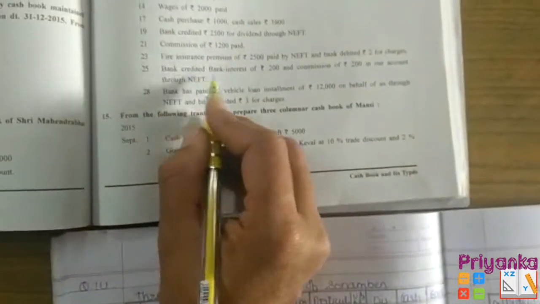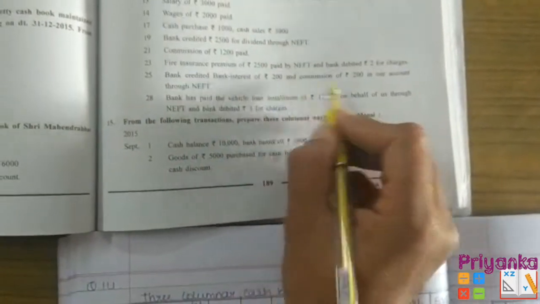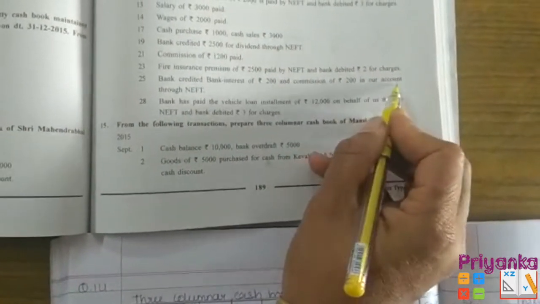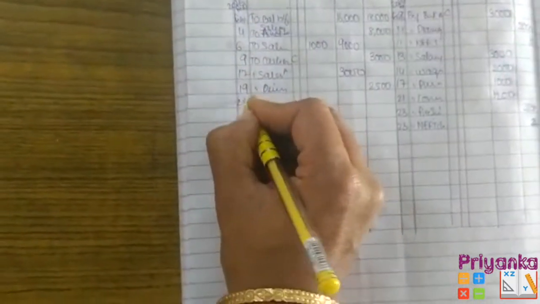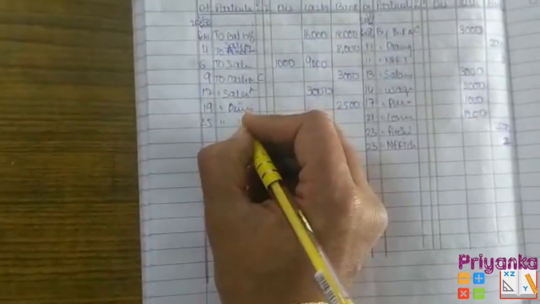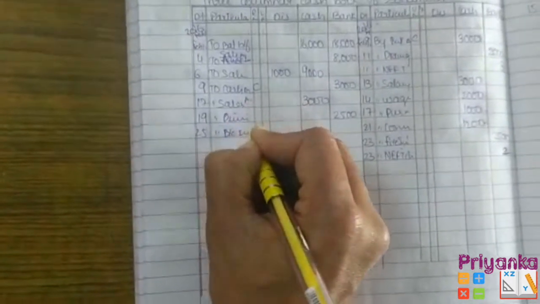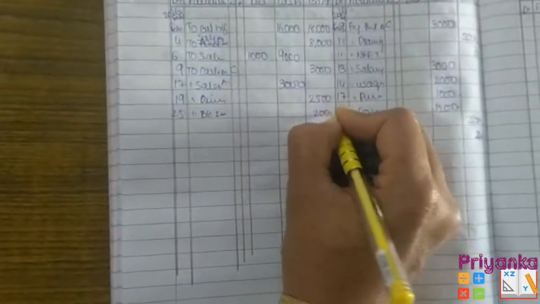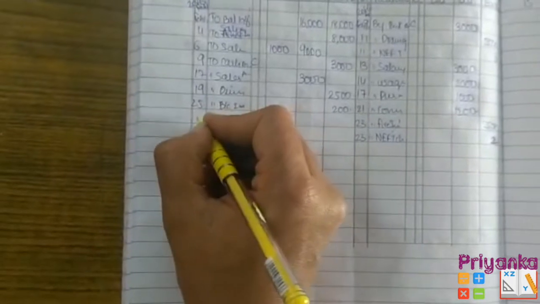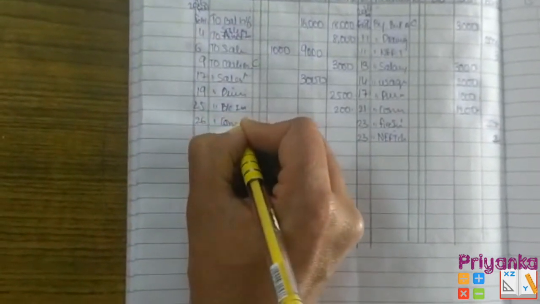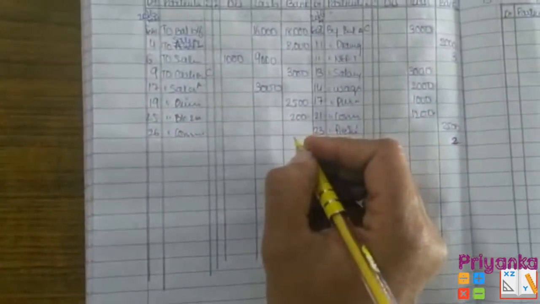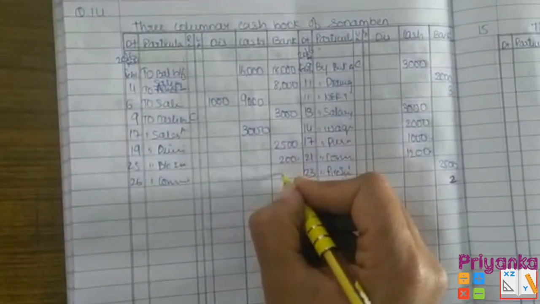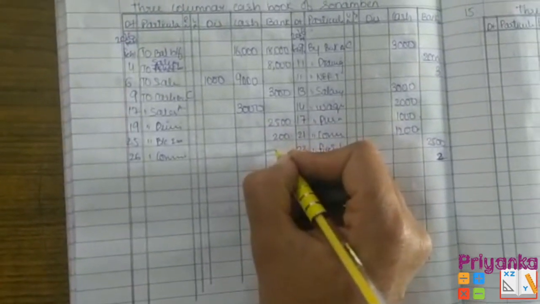Next, 25th, bank credited bank interest 200 and the commission of 200 to our account through NEFT. So we are receiving money. Here we'll write down bank interest, and first we'll keep 200 in the bank column, and for commission, as we received it through NEFT, write it down in the bank column only with the amount 200.